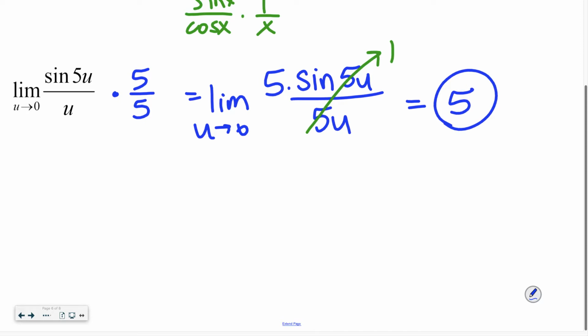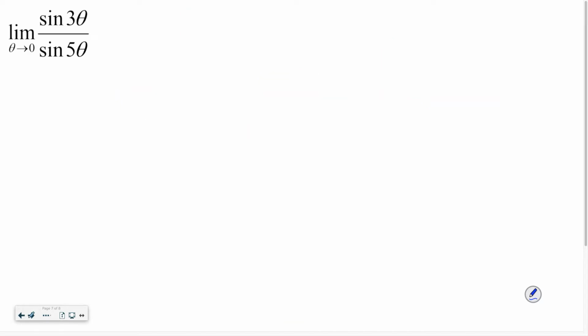We have one more example. Are there any questions before we get to that one last example? Okay, here it is.